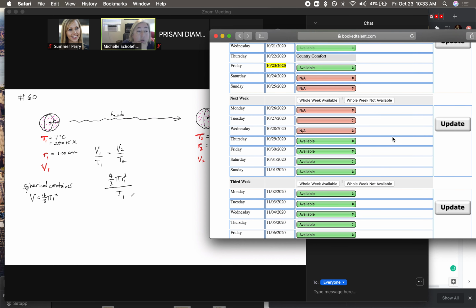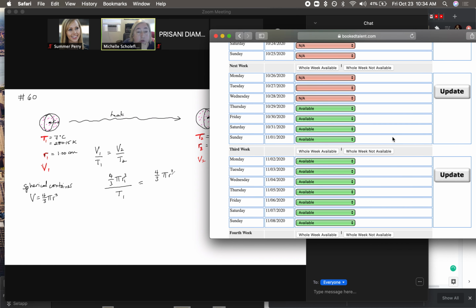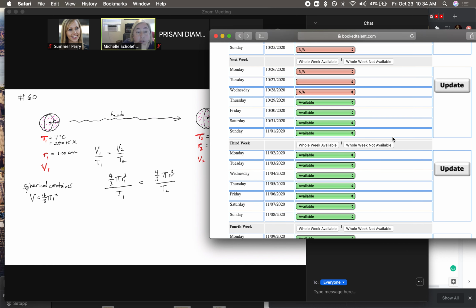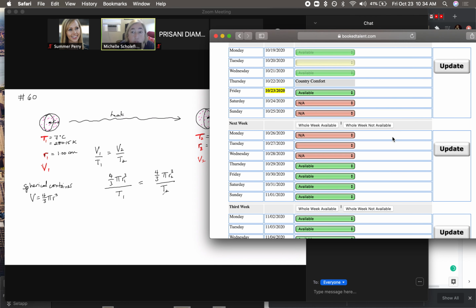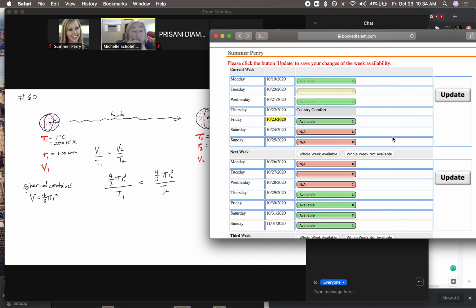And on the other side of the equation, instead of writing V2, I could write 4/3 pi r cubed over T2, except the R this time is R2. So all I did was substitute 4/3 pi r cubed for V1 and V2, making sure that the R's were R1 and R2.